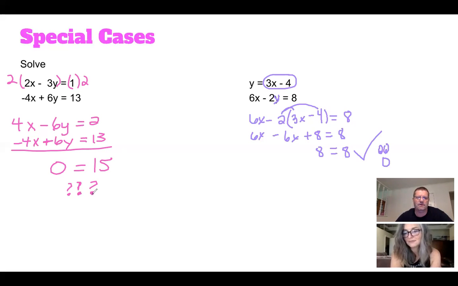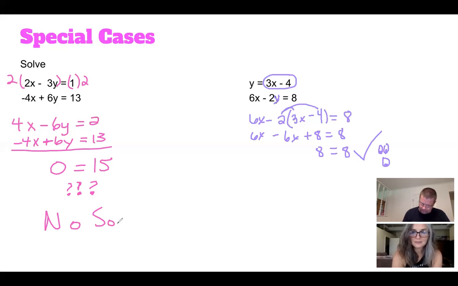All right, now we both have goofiness going on. These are called special cases, but I think we talked about these kinds of things. What happened with equations when we got a number equals a different number or a number equals itself? Those are the two special cases we saw with lines. Those still carry forward here. If I get one number equals a different number, that's a false statement. 0 ain't equal to 15, so this is no solution.